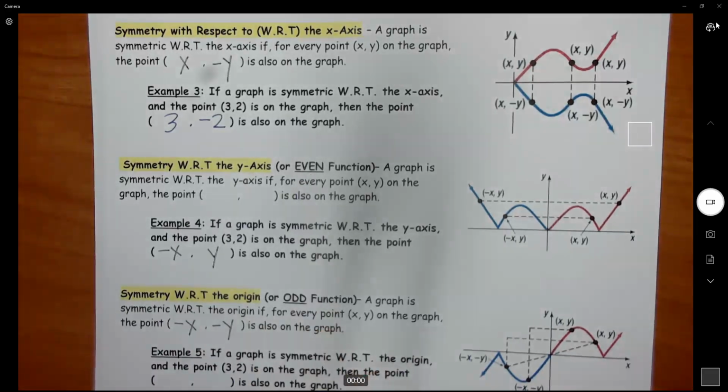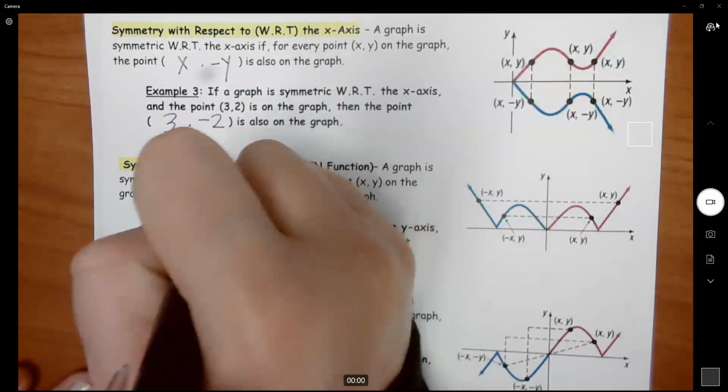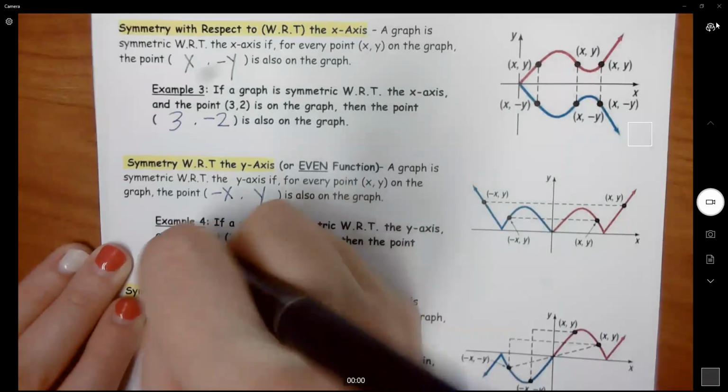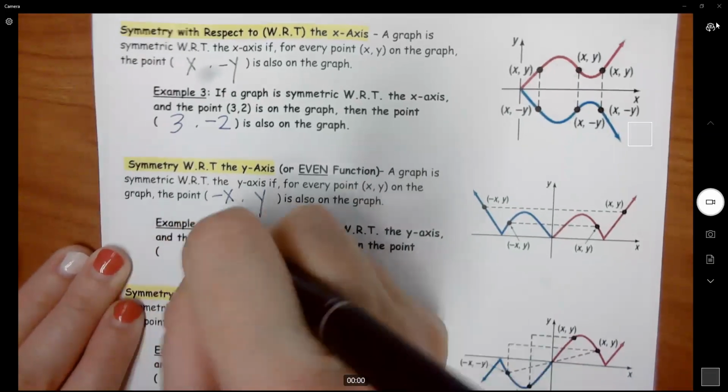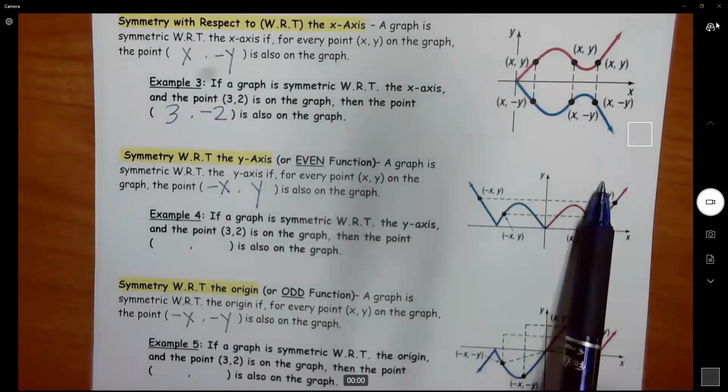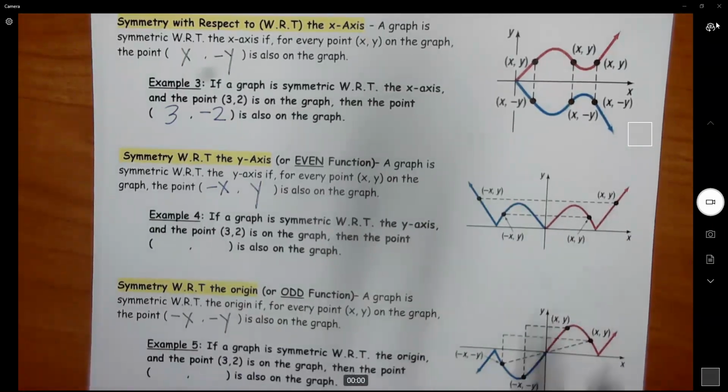And a graph is symmetric with respect to the y-axis if for every point (x, y) on the graph, the point (negative x, y) is also on the graph. I wrote that in the wrong spot. And again, you can see that on our example over here.